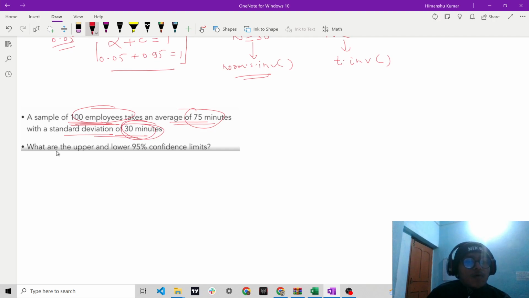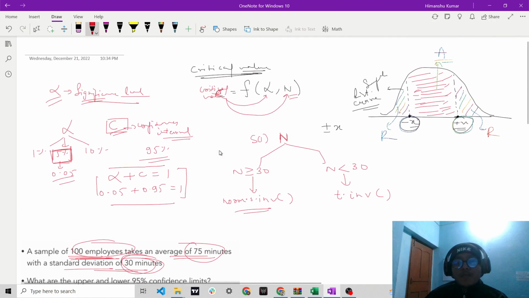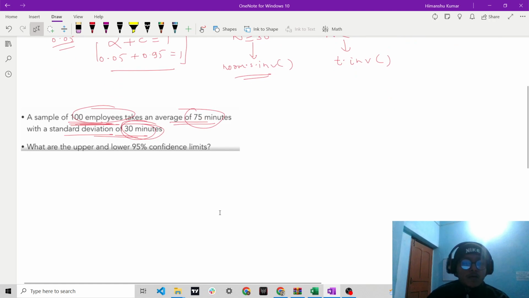So what are the upper and the lower 95% confidence limits? This question is asking about this value: what is the upper bound, and what is the lower bound? That we are going to calculate. Here we have been given the value of alpha.